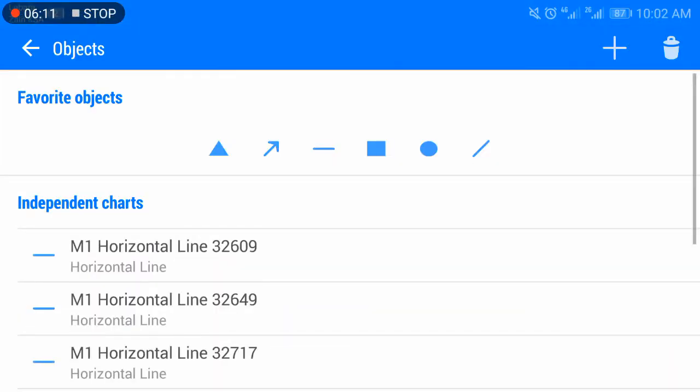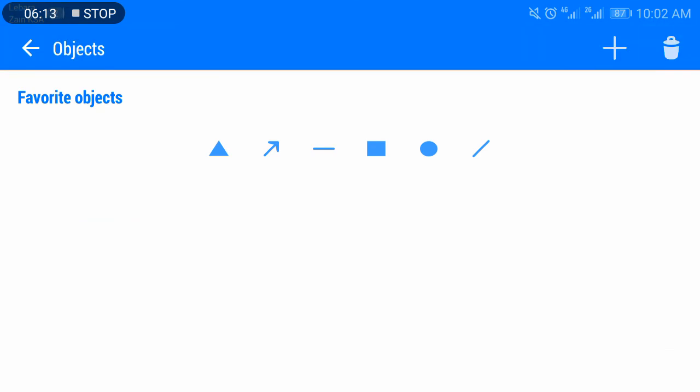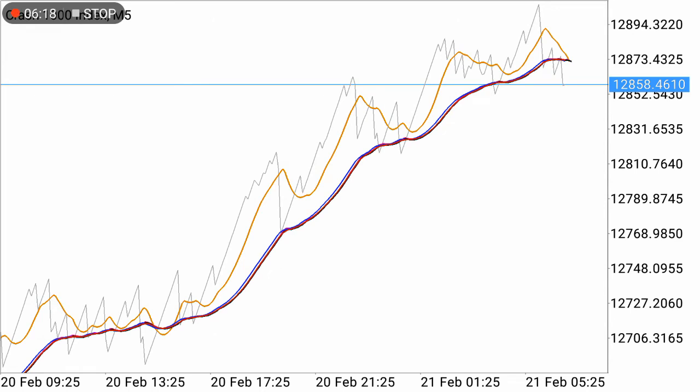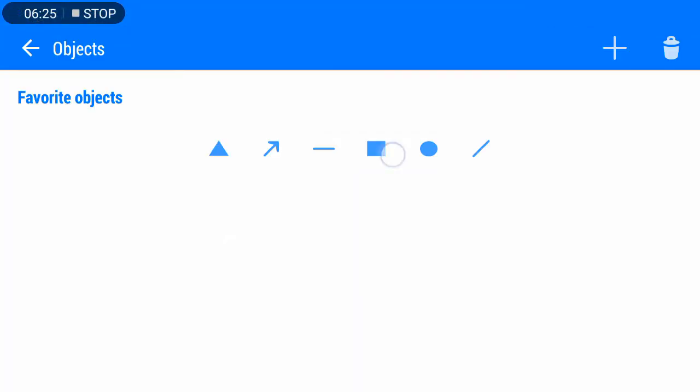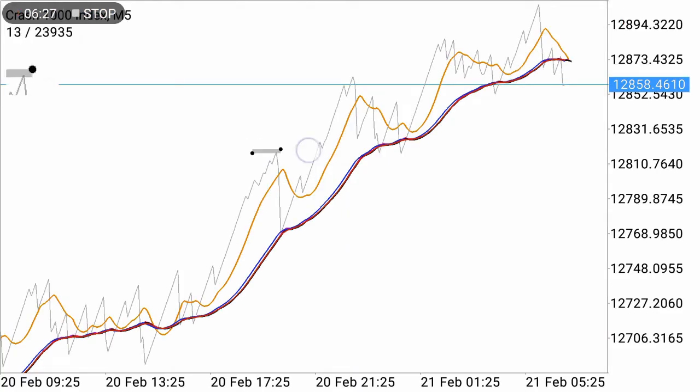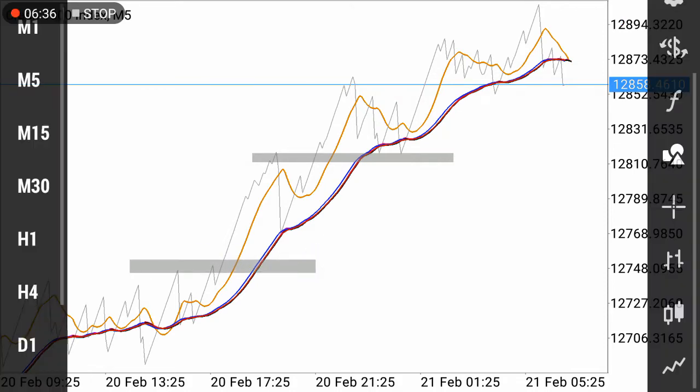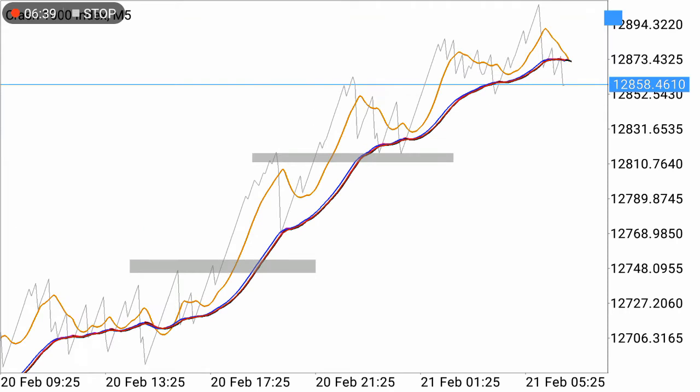So let's delete this and switch to M5. This is our M5. If you want to draw support and resistance in a very perfect way, I will give you an instruction: first of all draw the high and low points on your chart using this tool. Simply the high and low points, and really you will understand all things.